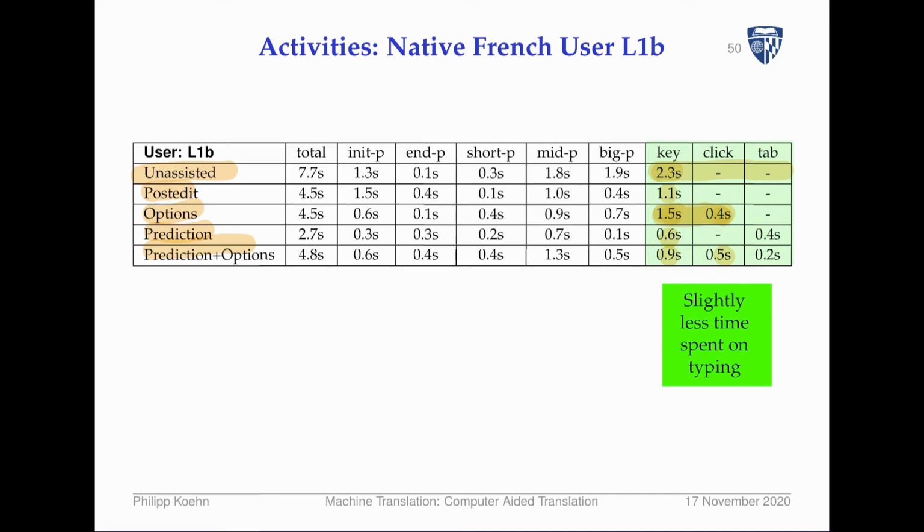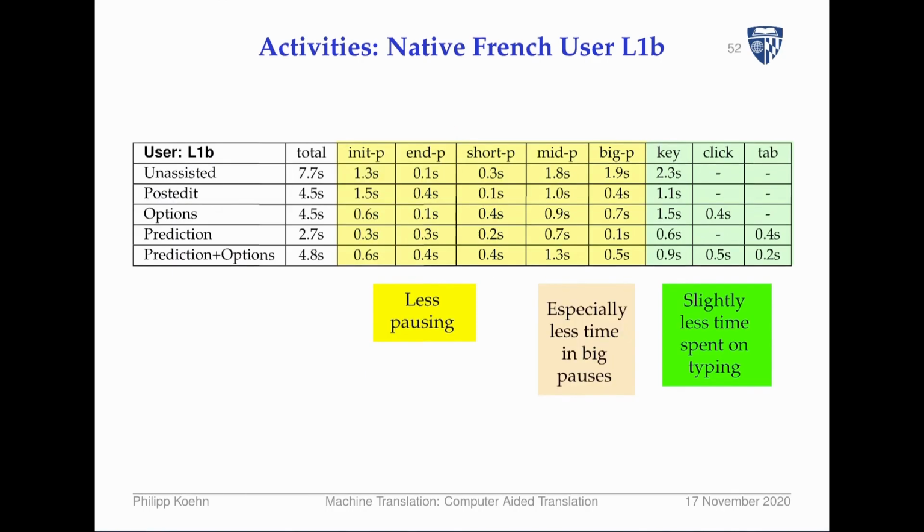So they spend less time on typing, and they spend less time having pauses. This is the initial pause, which is for post-editing still about the same, but for the other modalities quite a bit less. Not much difference here. The biggest difference is really these big pauses. A lot of time was spent in these long pauses, which was then significantly reduced.